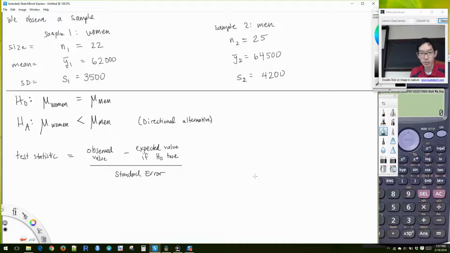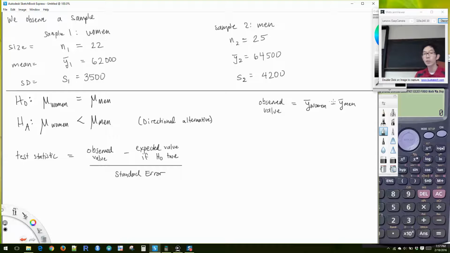So our observed value. In our case, we're going to say the observed value is the difference between the women's average salary and the men's average salary.